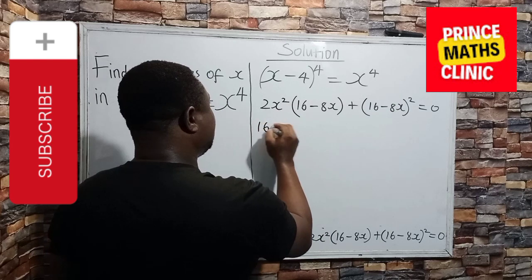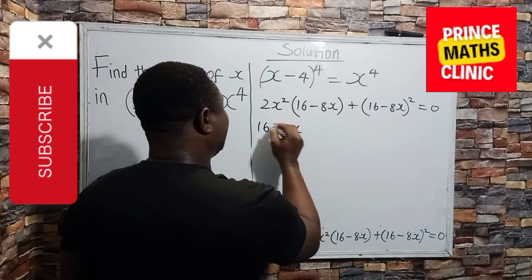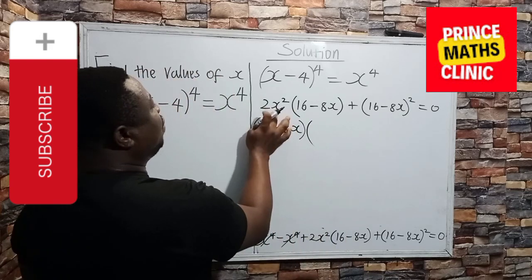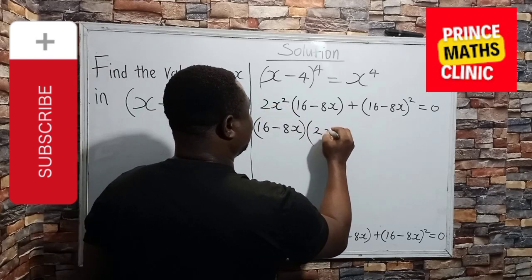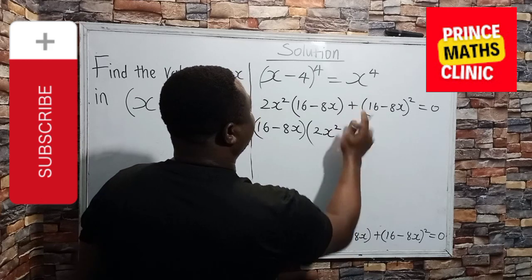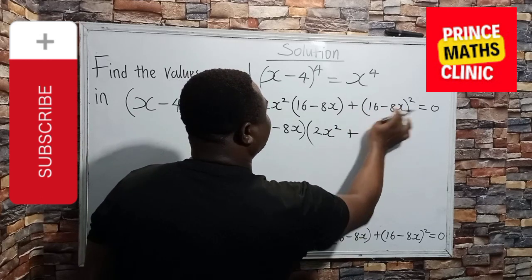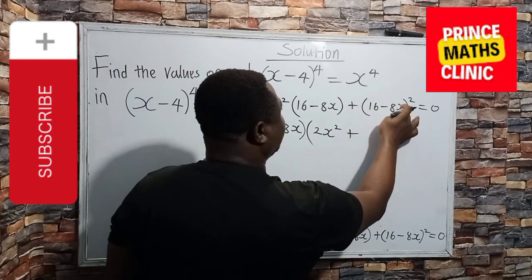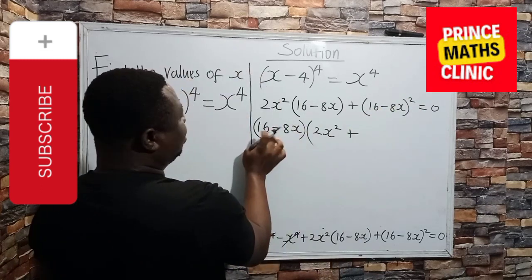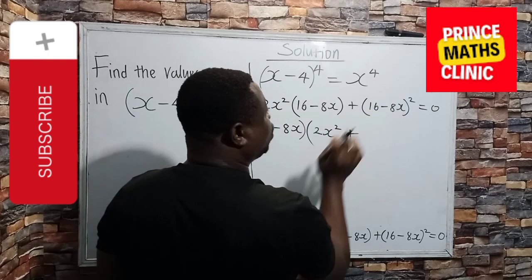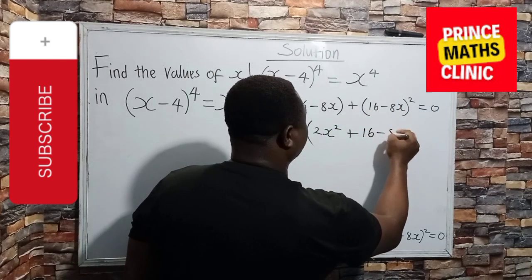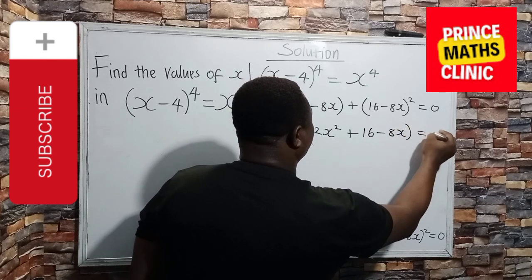So this is (16 minus 8x) in one bracket. Then what's left here is just 2x squared. Then plus, there's 16 minus 8x here. If you say (16 minus 8x) squared divided by (16 minus 8x), you have just 16 minus 8x left there. So this is all equal to 0.